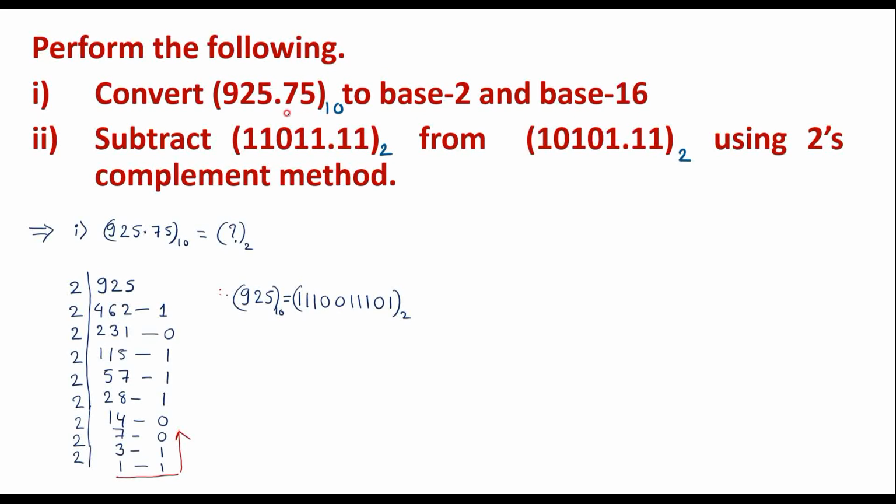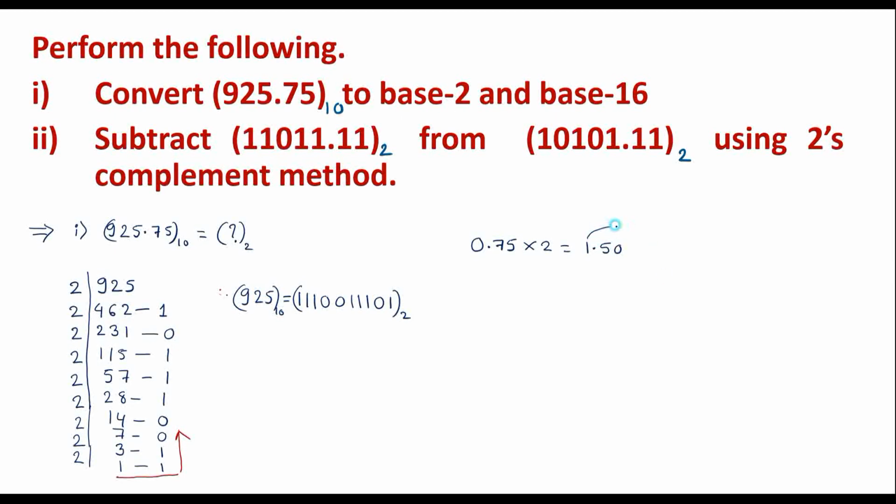So now we'll convert the fractional decimal number into binary. Here the fractional decimal is 0.75. Fractional decimal is converted into binary by successive multiplication by 2. That is, multiply this number by 2, we'll get 1.50.